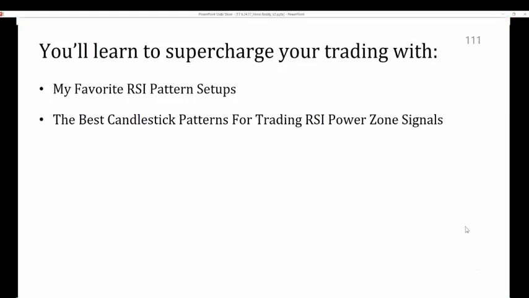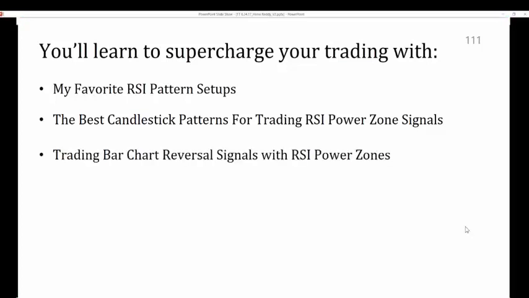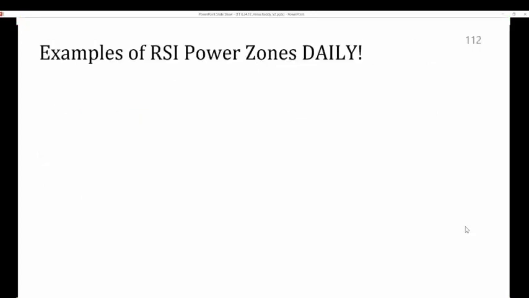I've been studying them for a long time, and I've narrowed down to a few specific patterns that are very reliable against these zones. Bar chart reversal signals as well. Sometimes it's better to use a bar chart and not a candle chart. Live examples and more, right? You can't list everything on here and walk you through every detail, but everything that I use to emphasize the power of the RSI Power Zones will be touched upon in this workshop.